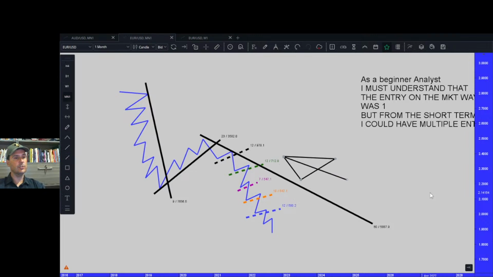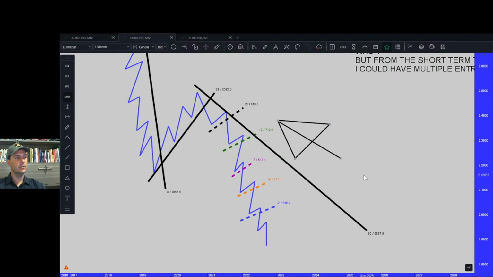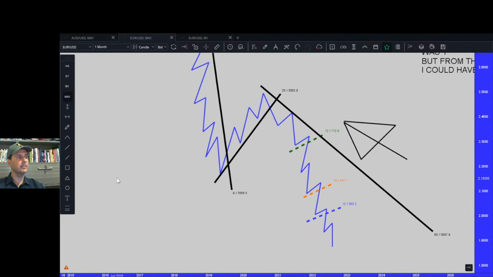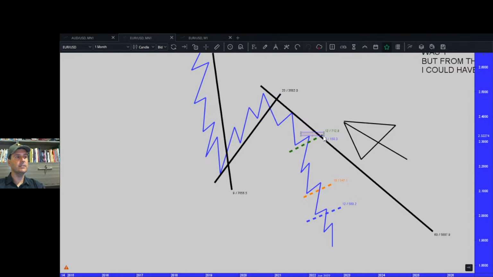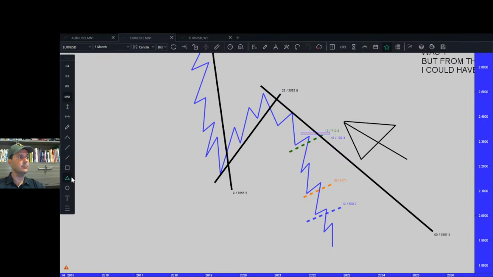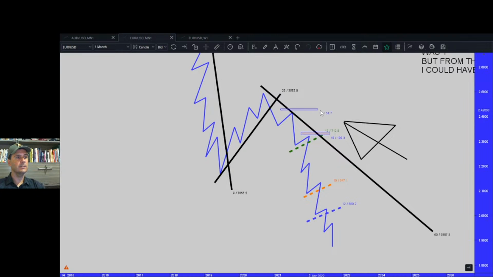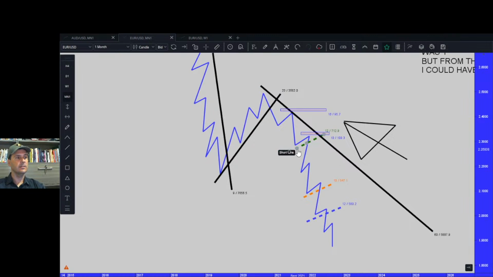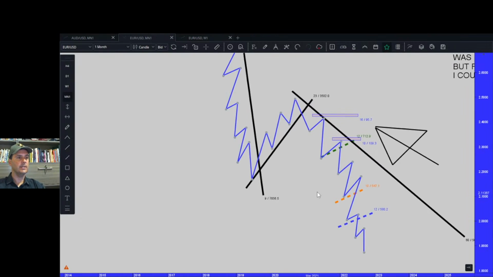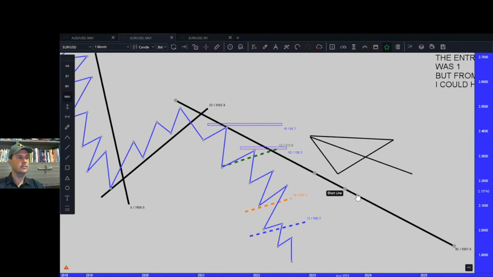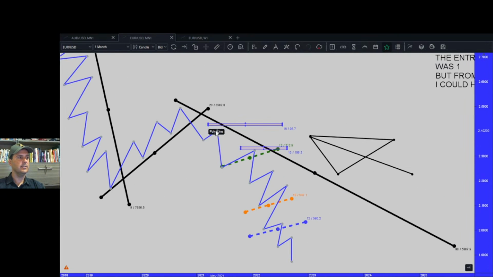Exactly, stop loss goes, let's get rid of the black one and this one. If you enter at the green, should the stop loss go above this high or above this high? And let's do it like this. Even better. Maybe like this, you know.